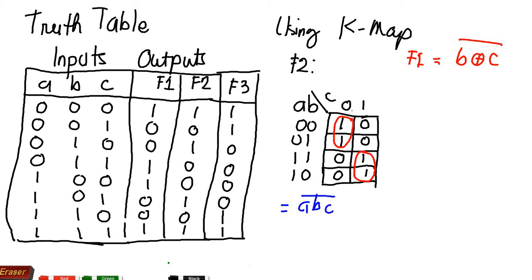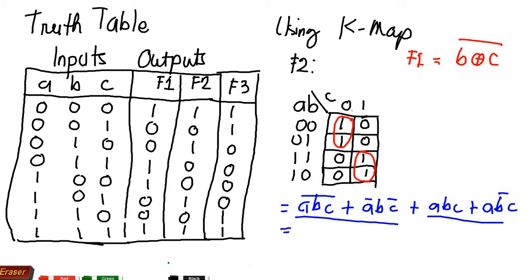And then the second cell is you have A bar, B, C bar. This is the first group. The second group will be, you have 1, 1, 1, so you have A, B, C, plus the other one, you have A, B bar, and then you have C. This is the second group.